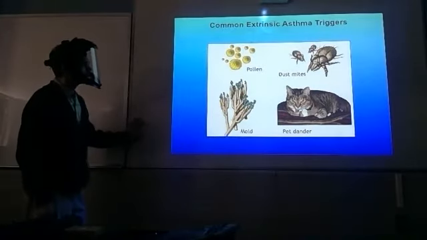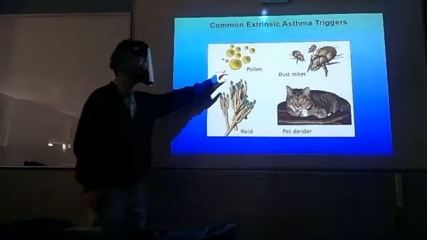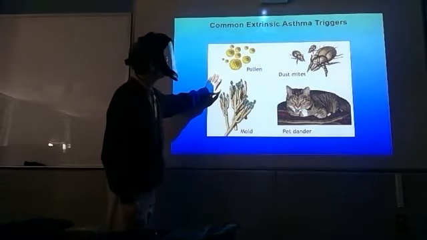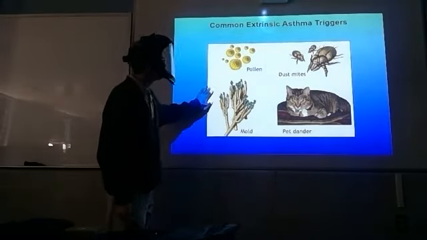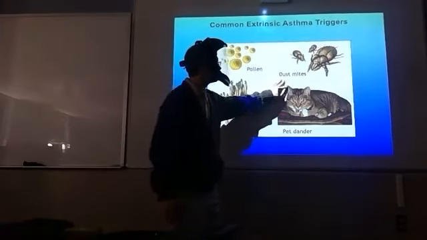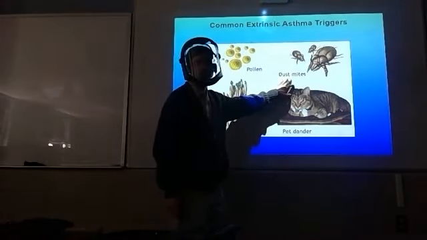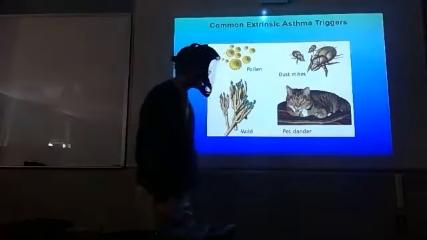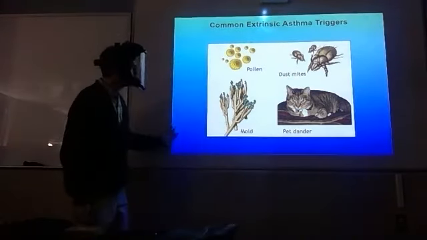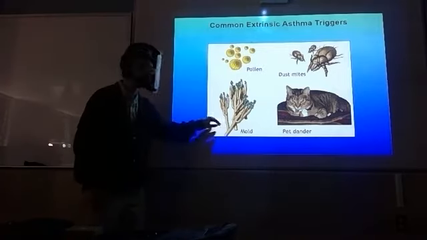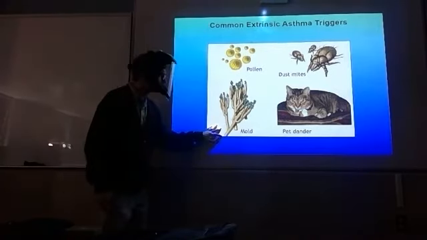Common extrinsic asthmatic triggers: of course, we have pollen. A lot of different types of pollen will trigger things. We've got dust mites; specifically, the fecal excrement of the dust mites is very antigenic and can trigger an asthmatic attack. Mold, the different spores of mold, and the different chlamydospores that they produce.